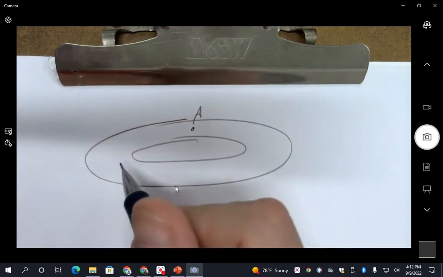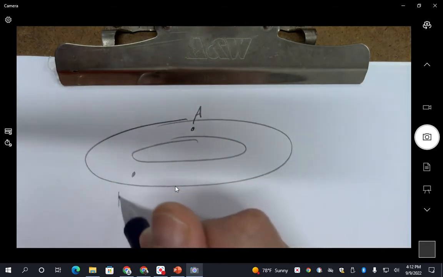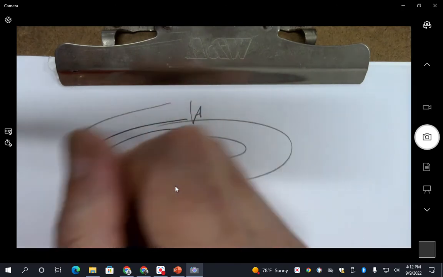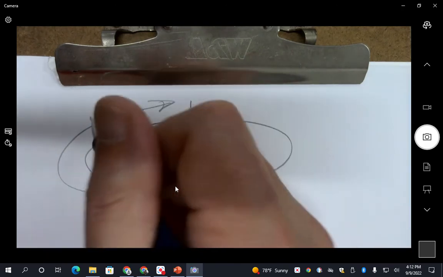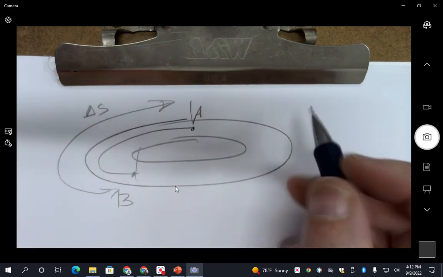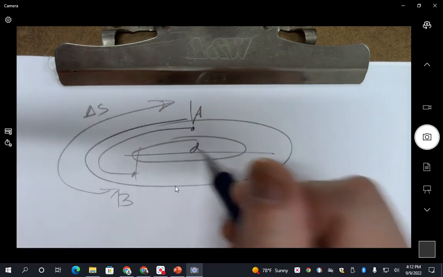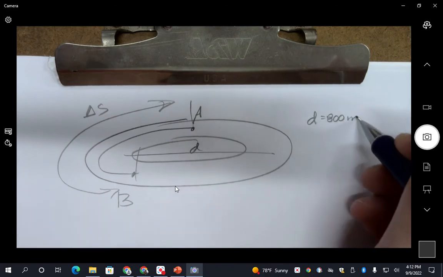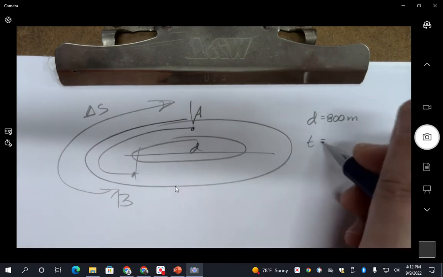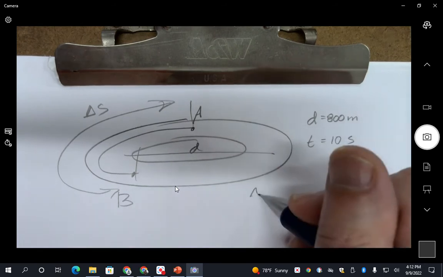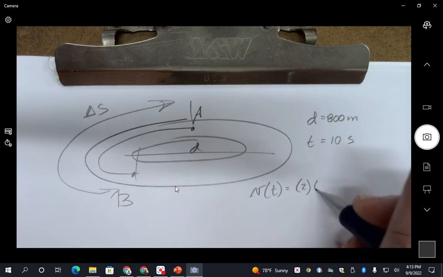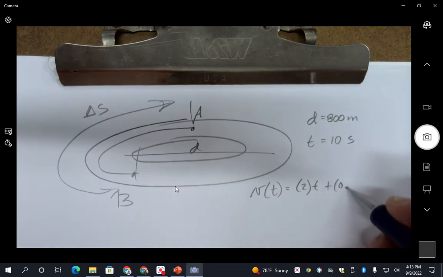So you're traveling from here to maybe over here, and we want to find this arc distance delta s that we're traveling, and it's got a diameter d of 800 meters, and the time is 10 seconds, and the velocity as a function of time is 2t + 0.1t².